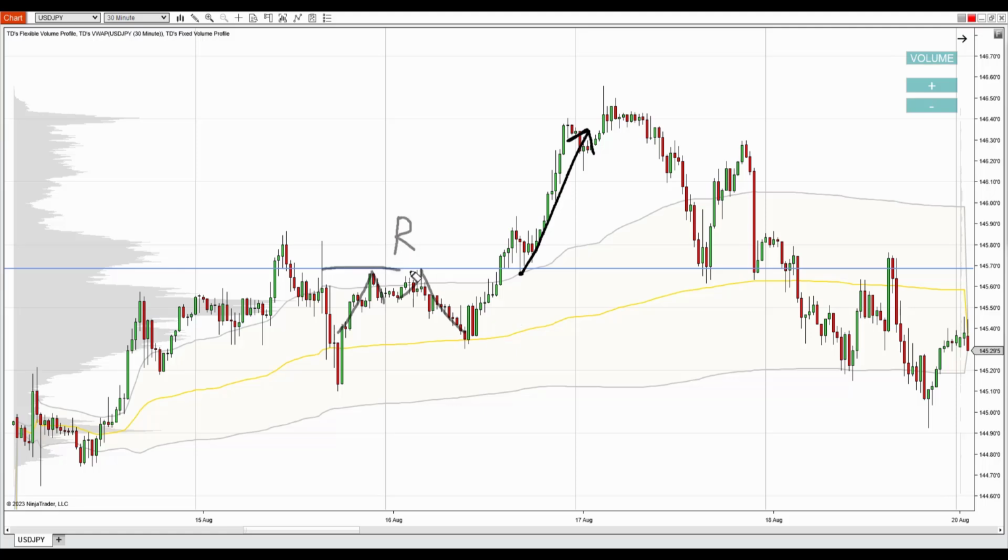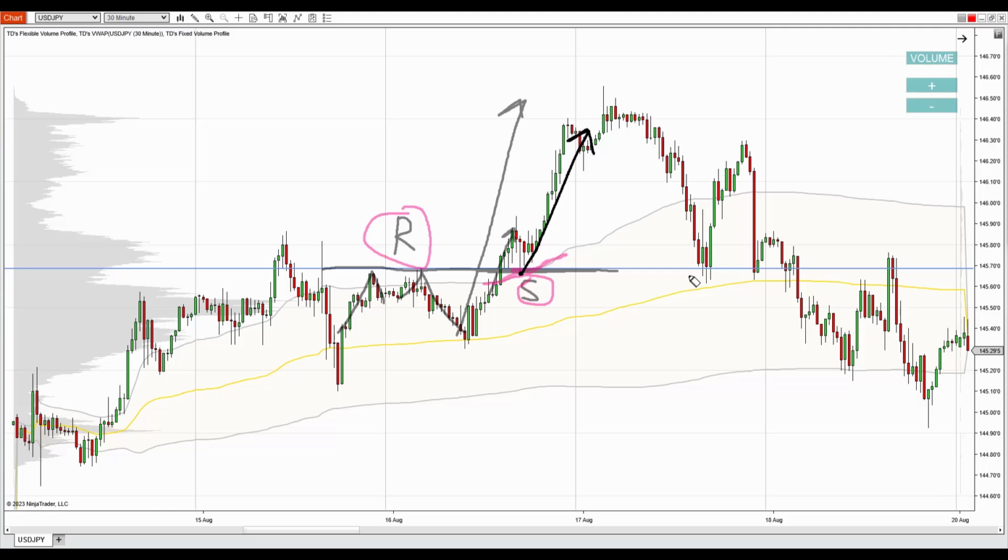When the price blew past that resistance, the resistance became a support in here after the price went past the resistance. So we have a support, and at the same place we have a VWAP based support. So again, we have a combo of two trading setups. One is a price action setup, the other one is the VWAP trend setup.